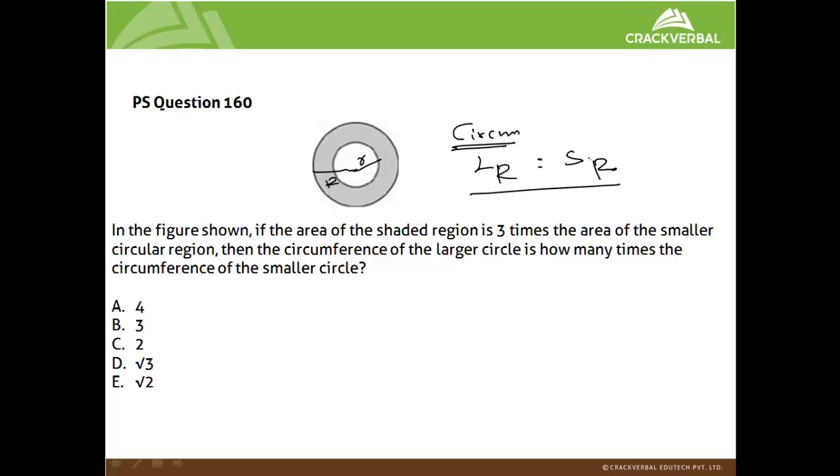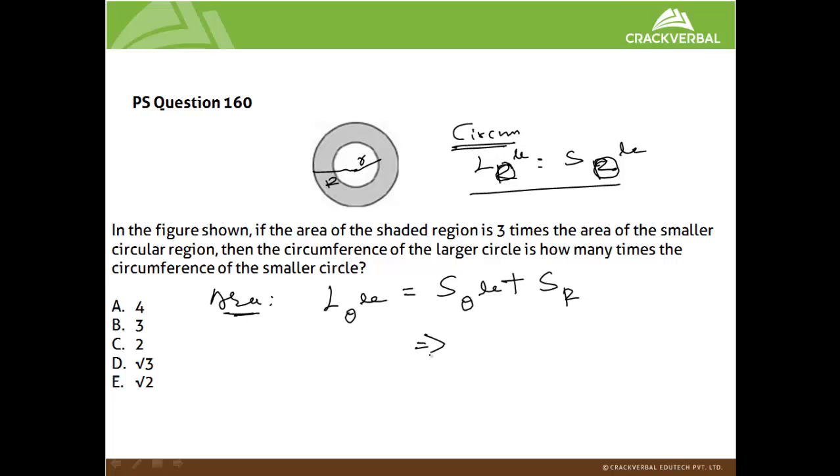We know the larger circle area is the smaller circle area plus the area of the shaded region.